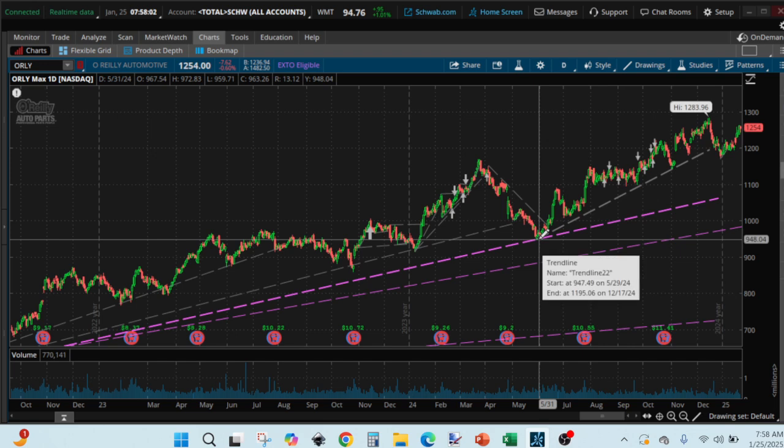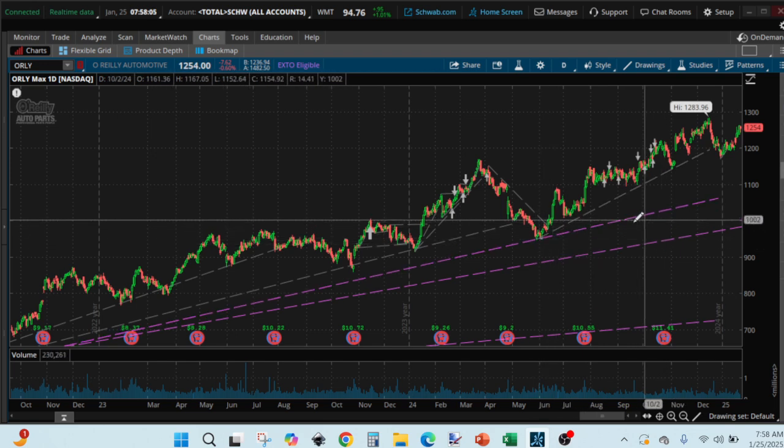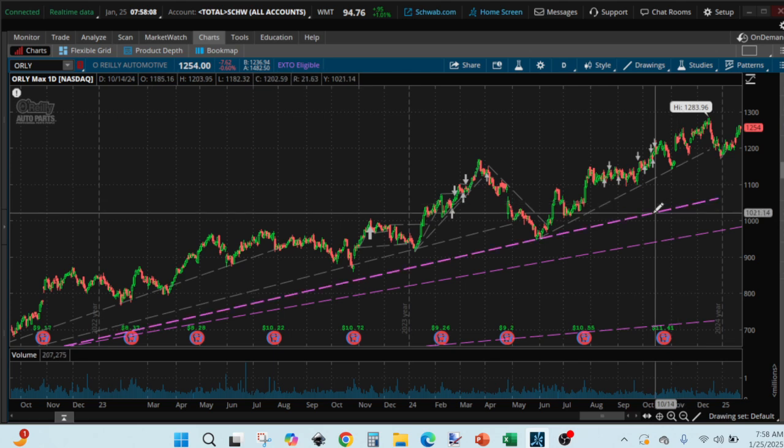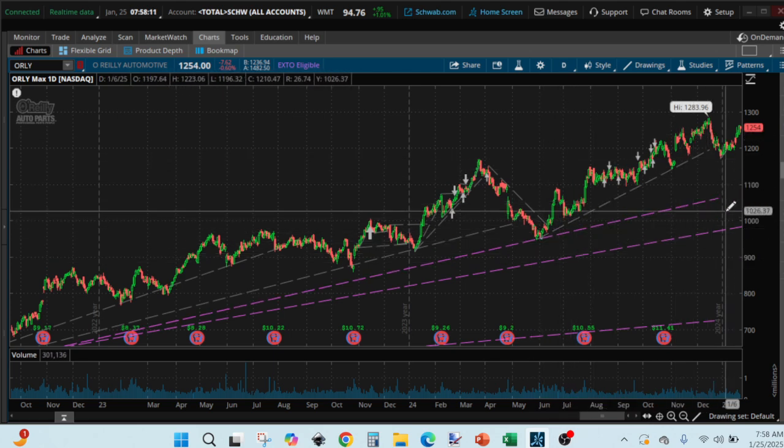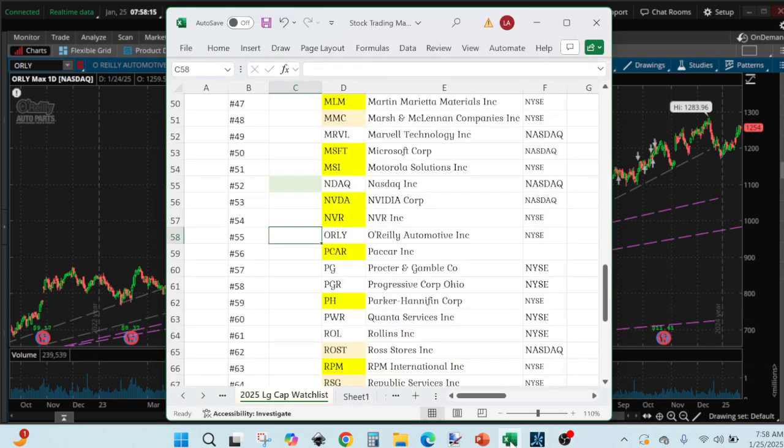Lows are the valley of the mountain, the bottom of the mountain, and the long up trend line touches the bottom of the mountain. I just prefer to buy at those valleys. But again, we are going to keep observing it to see what it's doing.